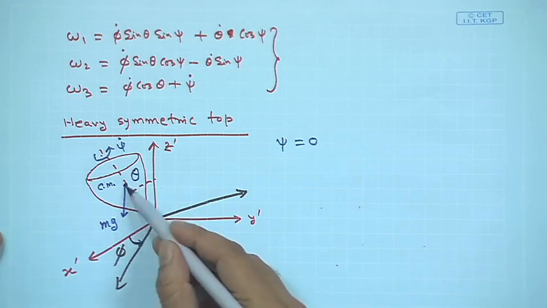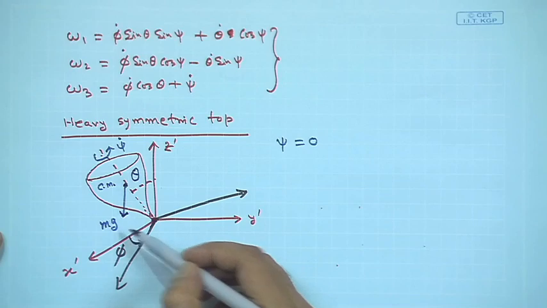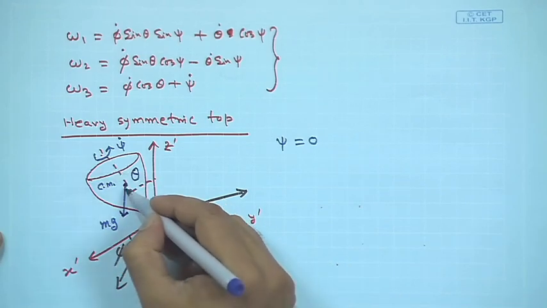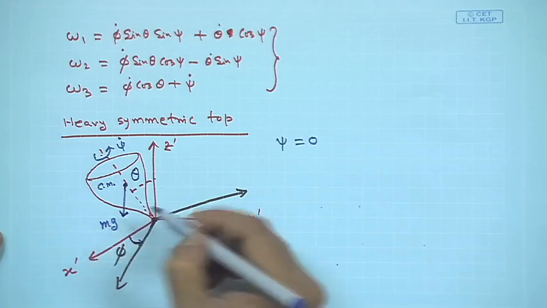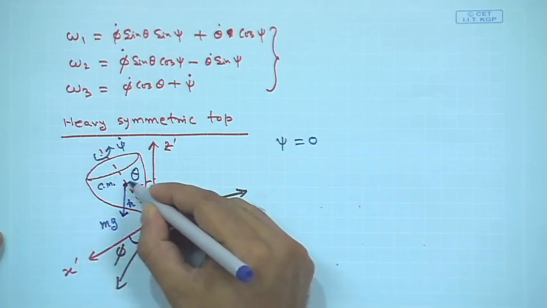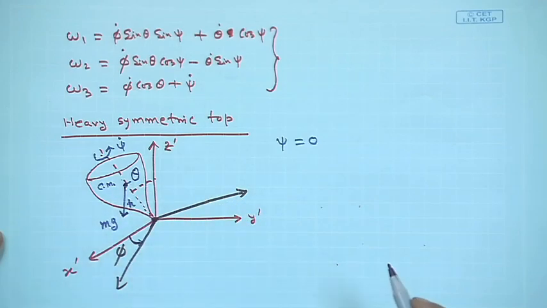So the total moment of this force, which is the torque, acts in this particular direction, and if this height from here to here is h, then we can calculate the exact value of the torque.